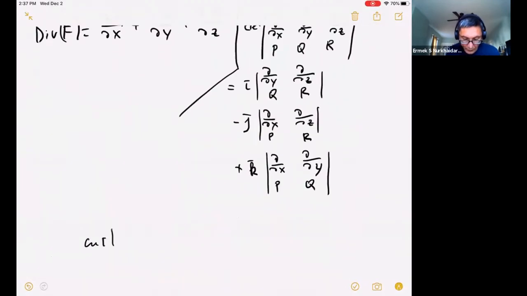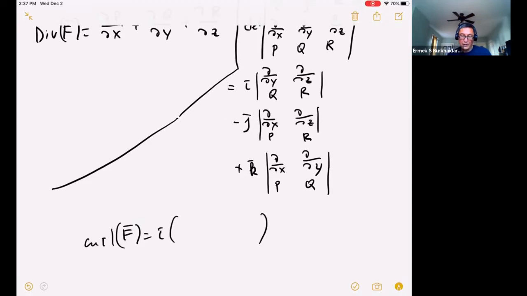So curl f is going to be i times main diagonal minus secondary diagonal. So derivative of R with respect to y, minus derivative of Q with respect to z.